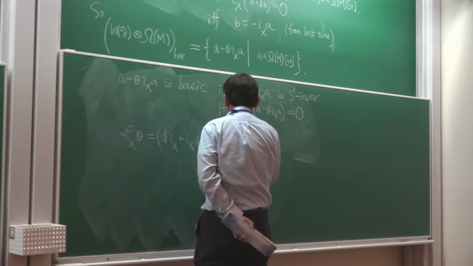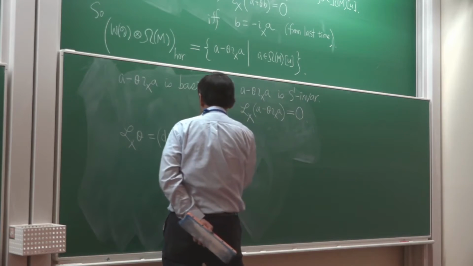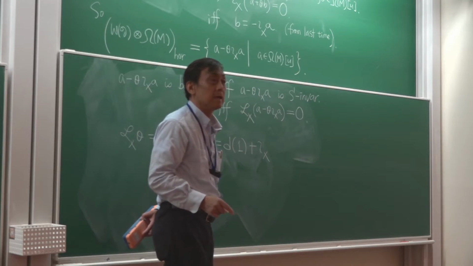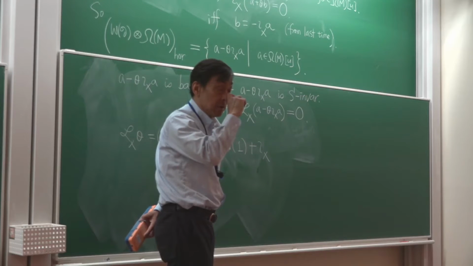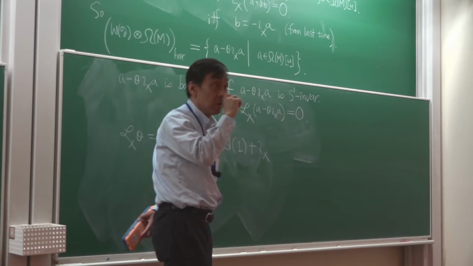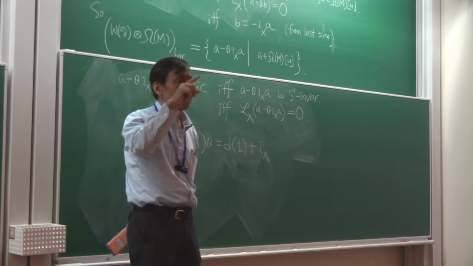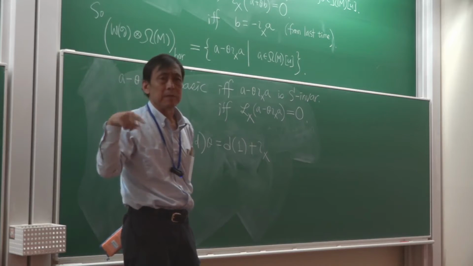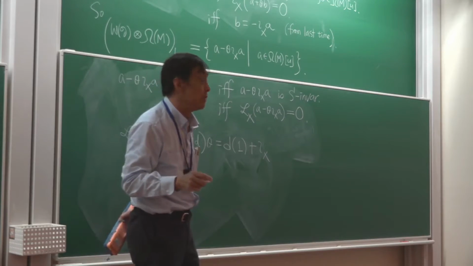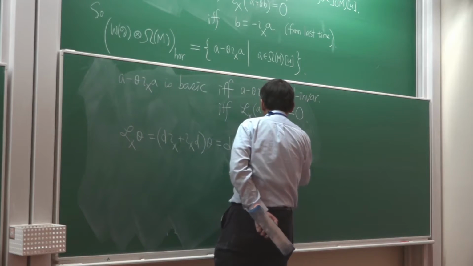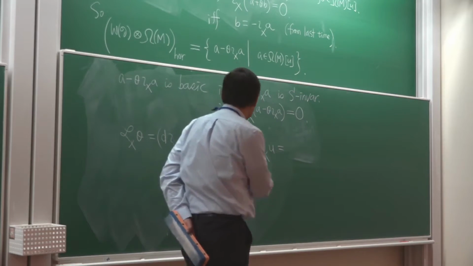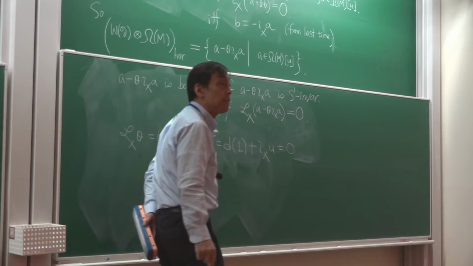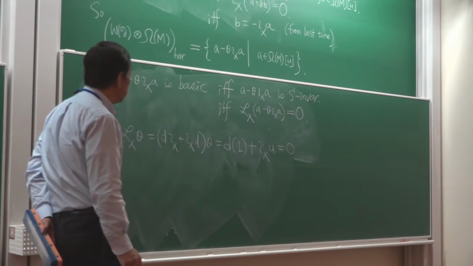So d of 1 plus I_X d theta. What's d theta? d theta is u. In general, it's u minus a half, a sum with C_ij's. But if you have an abelian group, the C_ij's are 0. So d theta is u. And d of 1 is 0. I_X u is 0, so this is 0. Okay? So L_X theta is 0.